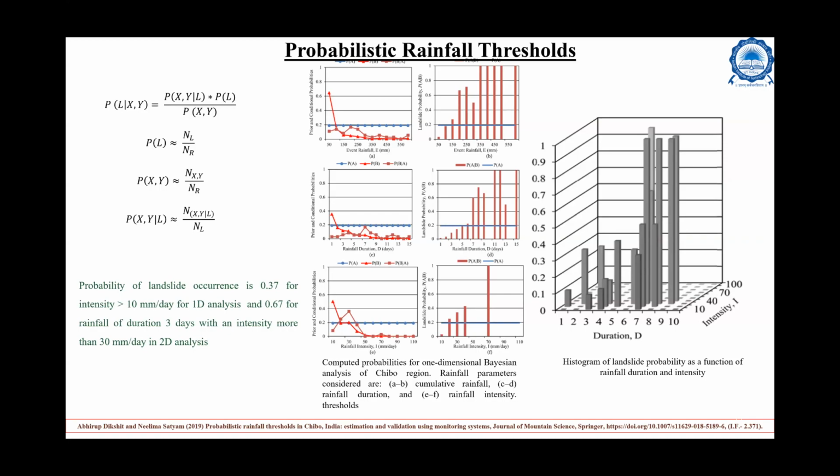And it was 0.67 if it is for 3 days continuously, because in this region the rainfall goes continuously for a week also, with an intensity more than 30 per day. This is based upon two-dimensional analysis.